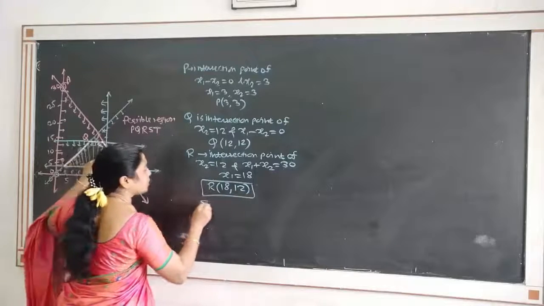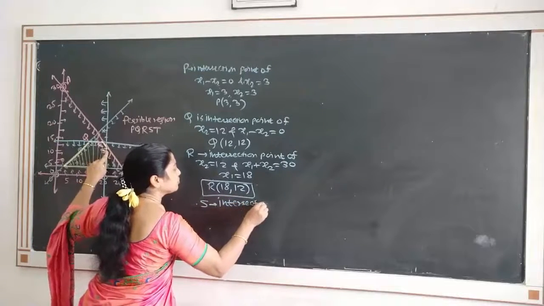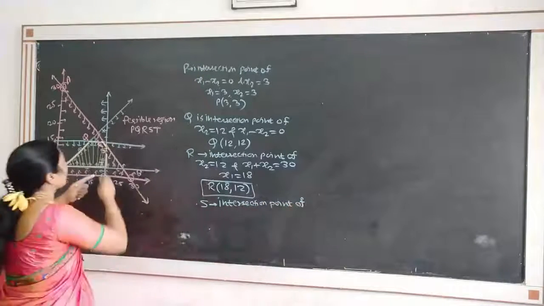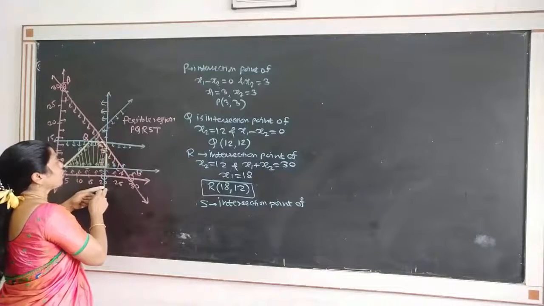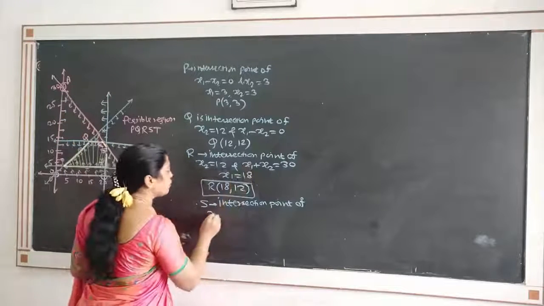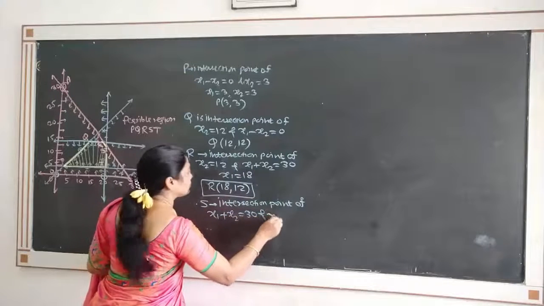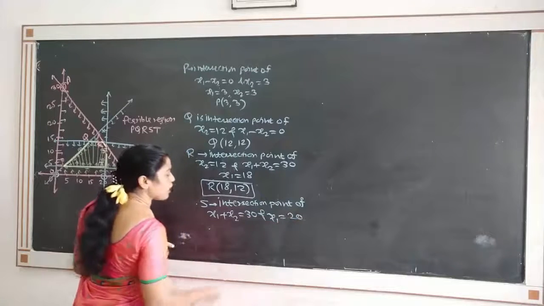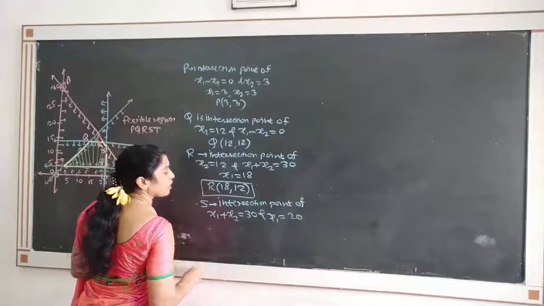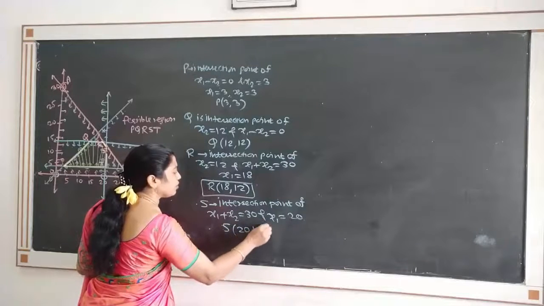S point is the intersection point of the line x1 equal to 20 and the first line x1 plus x2 equal to 30. Solve the equations simultaneously. Putting x1 equal to 20, we get x2 equal to 10. So S point comes to be 20, 10.